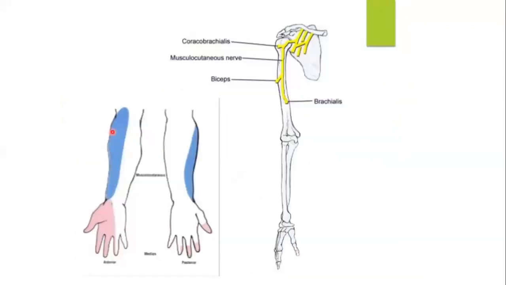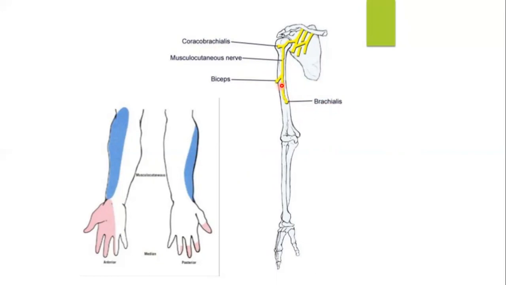Here you can see in this diagram, this is the musculocutaneous nerve, and from this nerve two types of branches arise. One is the muscular branches. This is the muscular branch to the coracobrachialis muscle. The second muscular branch is to the biceps brachii muscle. The third muscular branch is for the supply of the brachialis muscle.